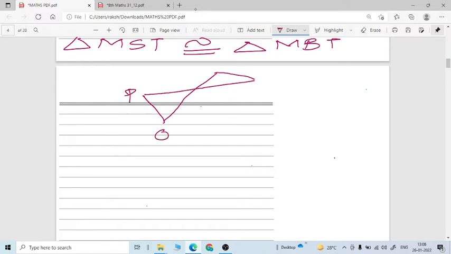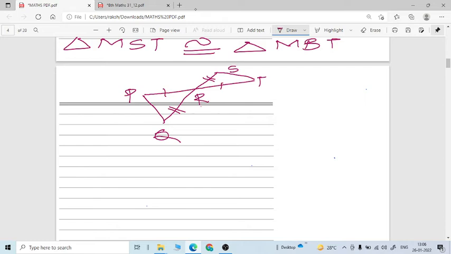P Q R S T. Okay, P Q R S T. You will understand the diagram which I have given, which I marked. The sides with a single line are the same, double line and double line are the same.